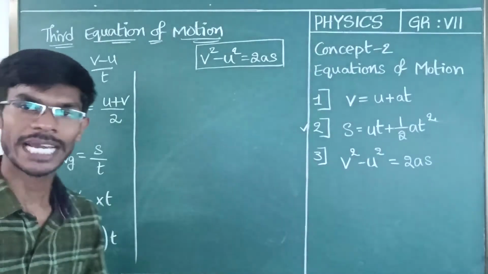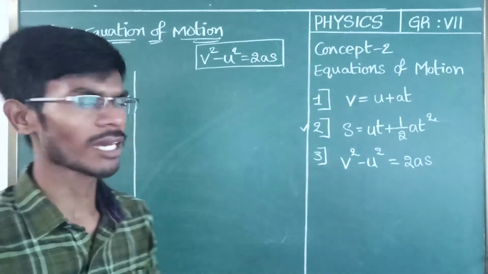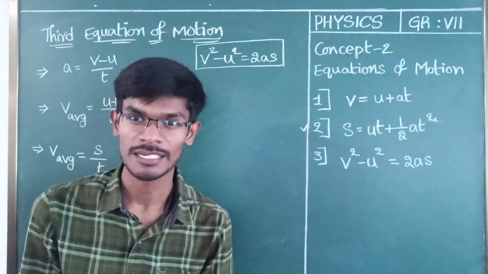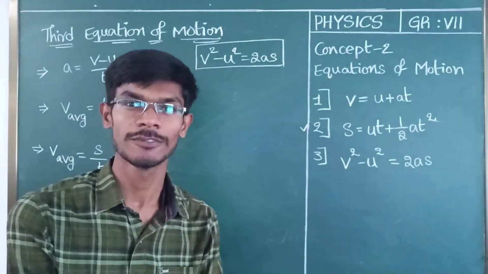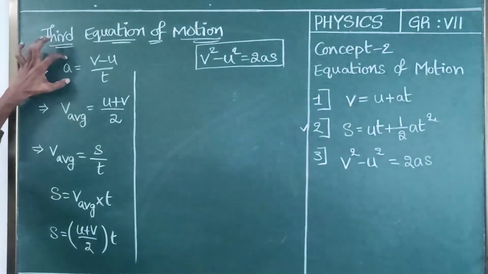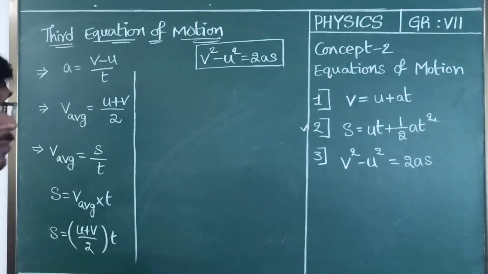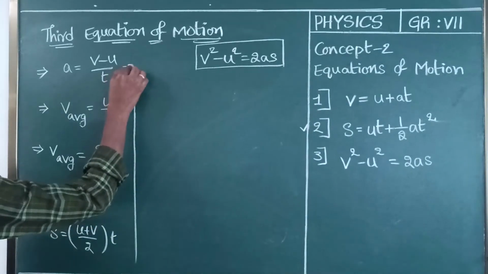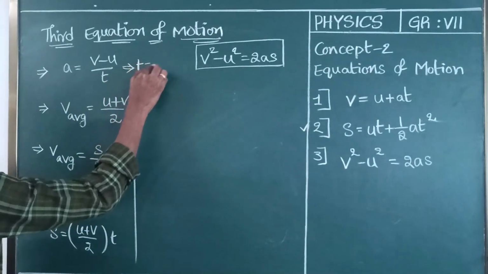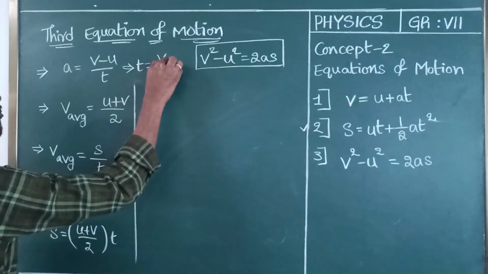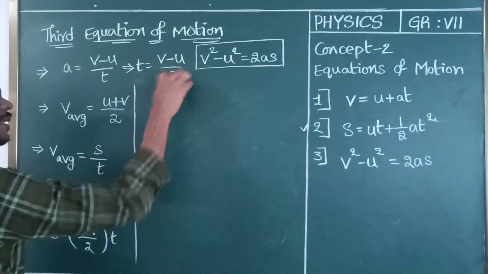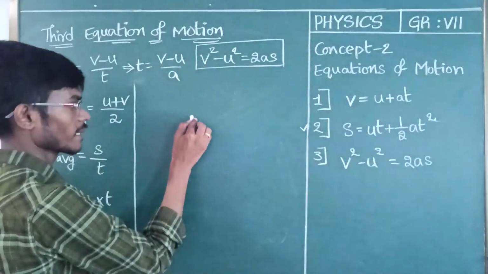Now we don't have time to find out the V square minus U square is equal to 2AS. How can we get the time value? See, we are having A is equal to V minus U by T, right? From this, time can be written as T is equal to V minus U by A. If you want to check it, you check.